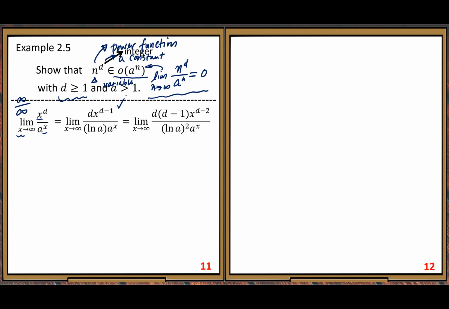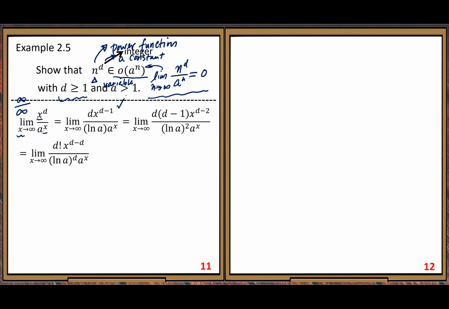This time, taking derivatives of the numerator and denominator becomes a little harder, but you can still do that. You can keep doing this as long as you have an infinity over infinity indeterminate form. You can apply L'Hopital's rule many, many times until you reach some point where it is not an infinity over infinity indeterminate form.